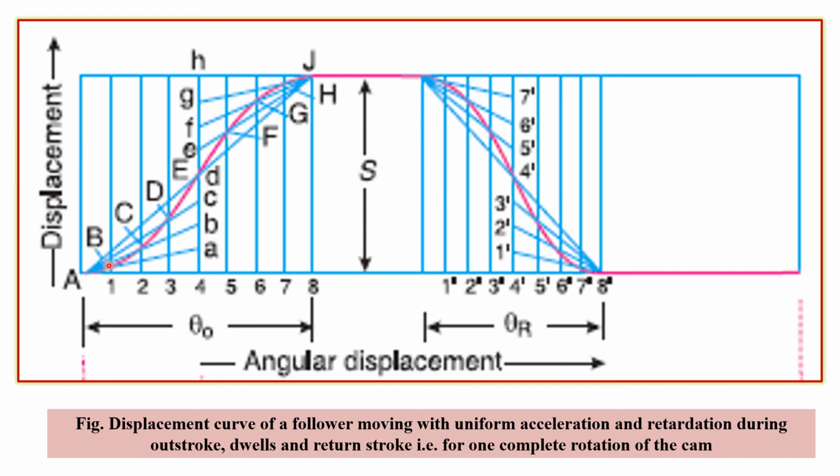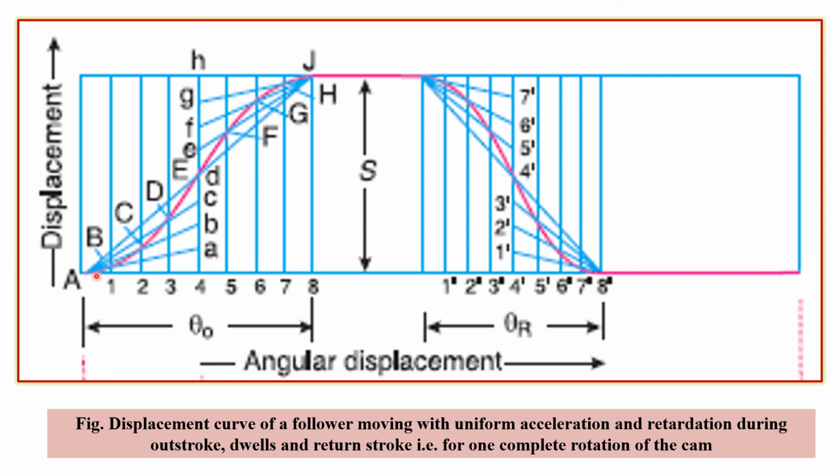This is my point number B. Then the intercept of the line AB with the second ordinate is at point number C. Then the intercept of the line AC with the third ordinate is at point number D. So likewise we keep on getting these points, and we join them by means of a smooth curve, which is shown here by this pink line. So this is nothing but the displacement imparted to the follower during the outstroke angle.